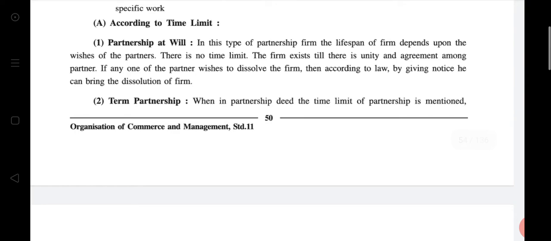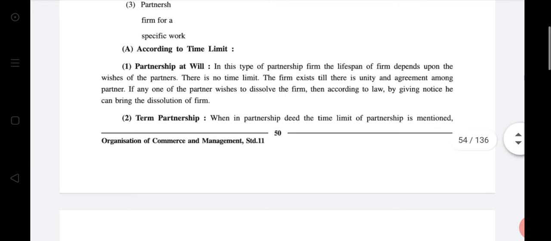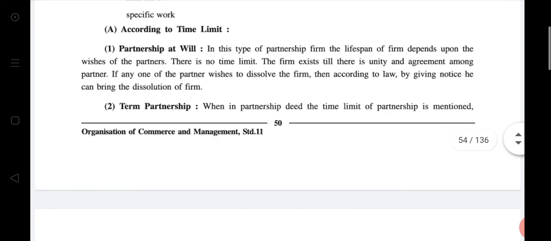So now we study in detail. First, according to time basis. Now we read from the textbook. Partnership at will: in this type of partnership firm, the lifespan of a firm depends upon the wishes of the partners.